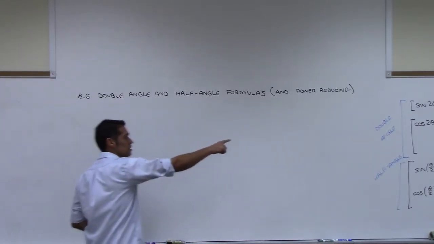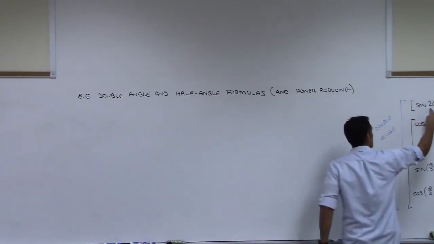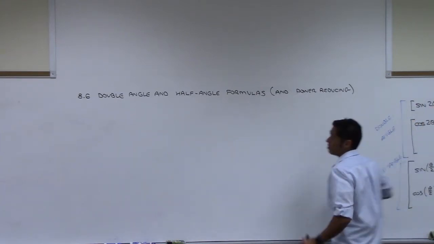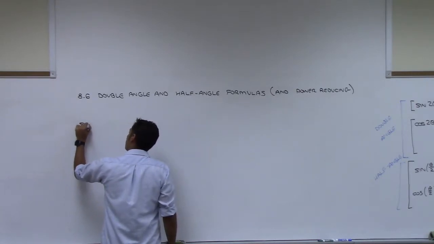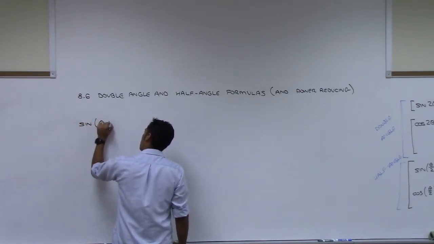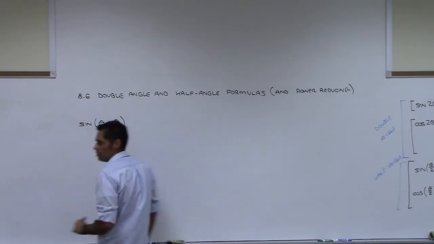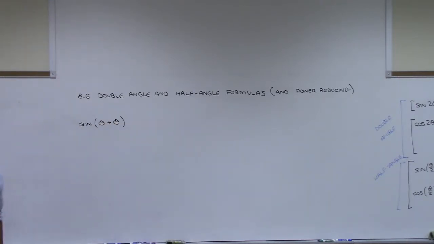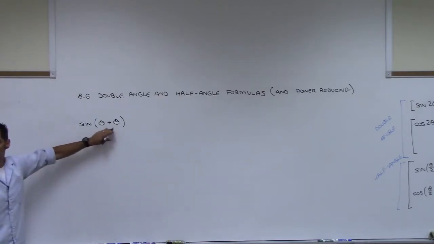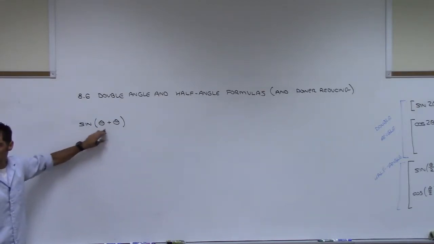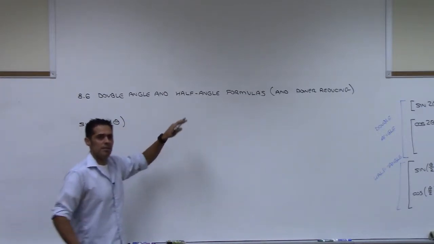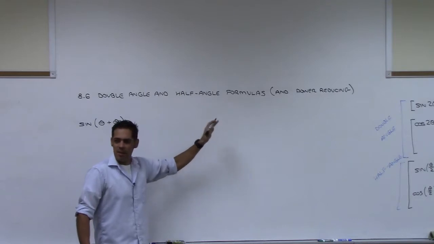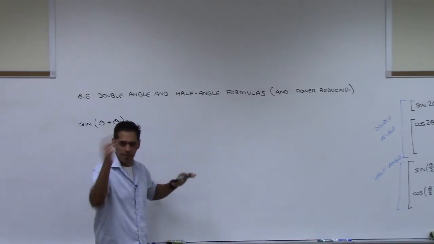Let's go ahead and establish this first one. I actually did this already, but I'm going to do it again because it goes really quick. If we were asked what is sine of theta plus theta, using the sum and difference formulas from 8.5, we have a formula for sine of alpha plus beta. Remember that formula? This would become sine alpha cosine beta plus sine beta cosine alpha. That's the formula from last class.